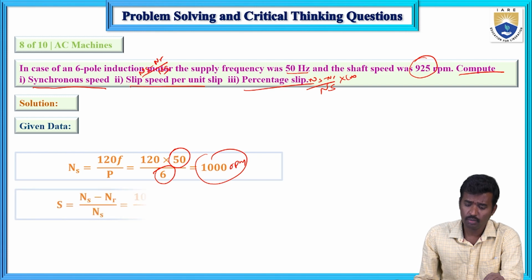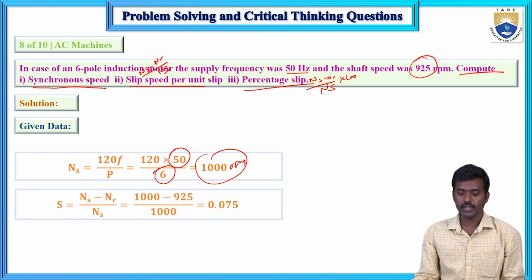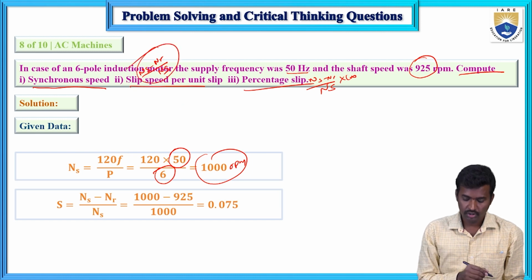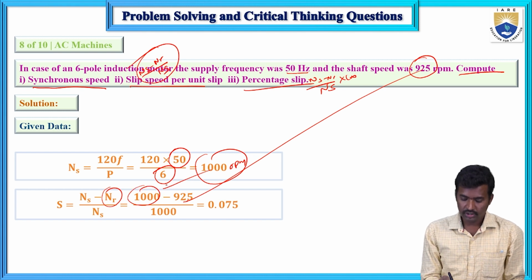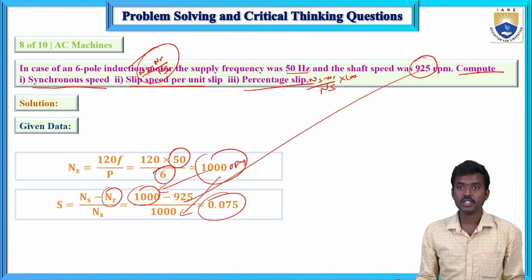Next, per unit slip equals this formula. Here this is 925, and 1000 is the synchronous speed, and for this case it is 0.075.